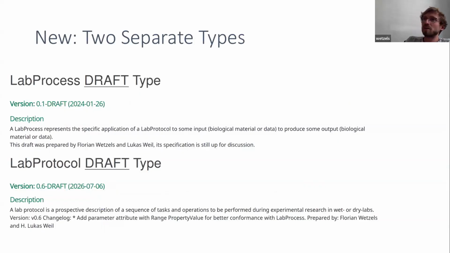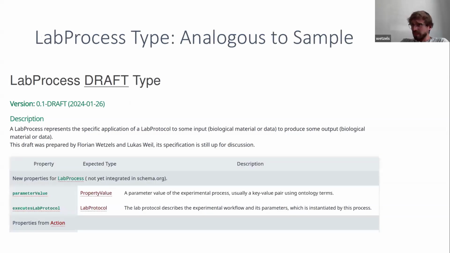The solution that we thought of was separating this, having a LabProcess type and a LabProtocol type. Now the descriptions also make it clear that the LabProcess is the retrospective description and the protocol is the prospective description. The LabProcess type is designed in analogy with the Sample I mentioned before.